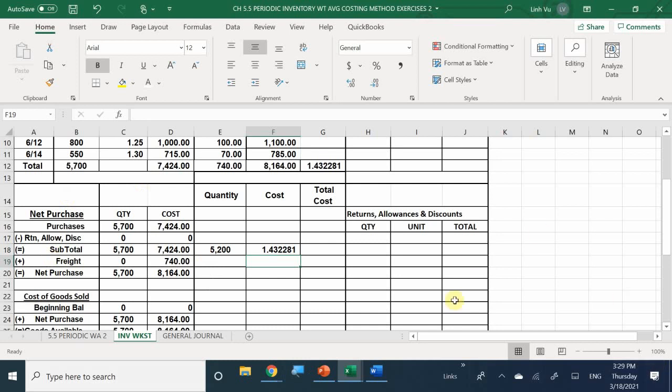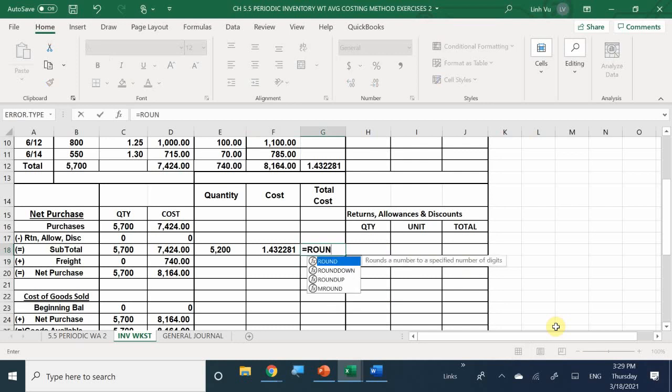So once again, I'm going to practice my equal round formula. I'm going to multiply my quantity times my cost per item, and I'm going to end the argument with a comma, and I want it to 2 decimal places.